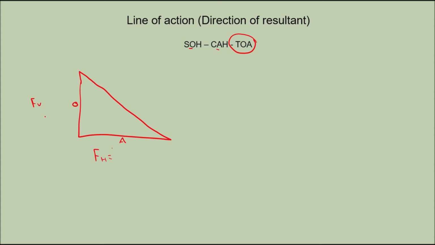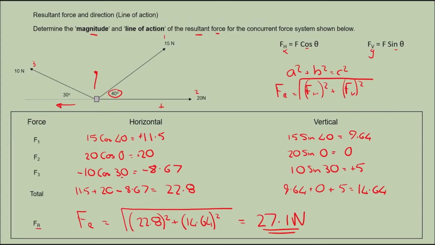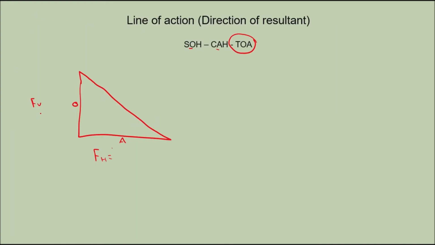Now if you go back to the previous page, you see that the horizontal has got a value of 22.8 here, and the vertical is 14.64. So I'm going to label these up. Horizontal 22.8, vertical 14.6. We'll leave it as 14.6 in this case.